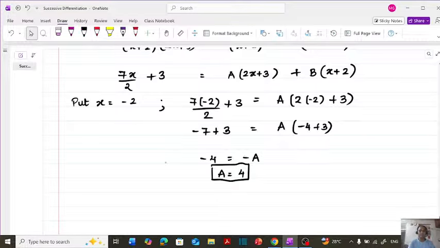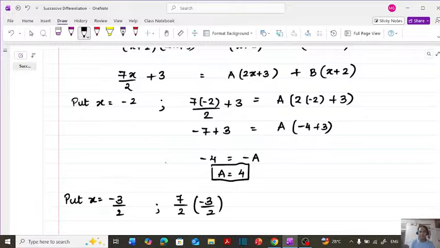So yeah, now put x equal to minus 3 upon 2. So when you put x equals to minus 3 upon 2, you have how much it's going to be, 7 over here it is minus 3 over 2 plus 3, and here it is going to be b times minus 3 over 2 plus 2.